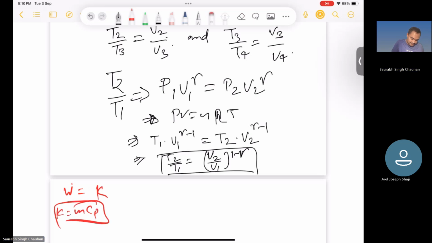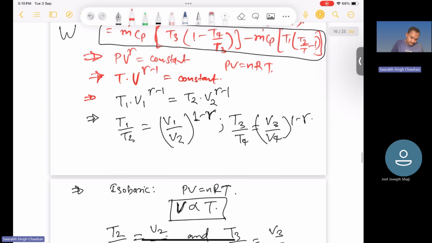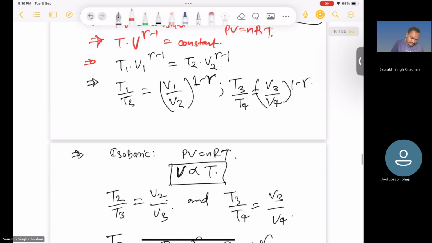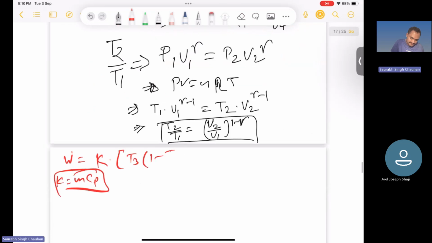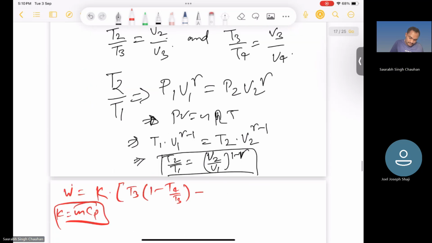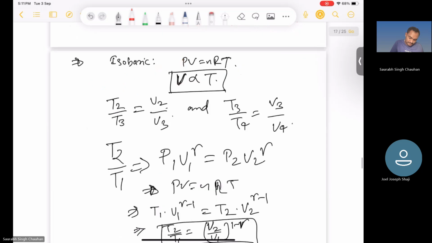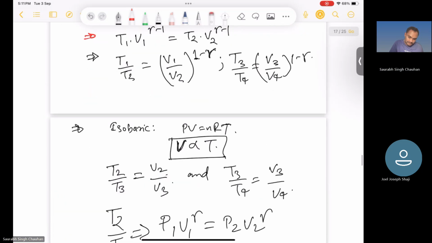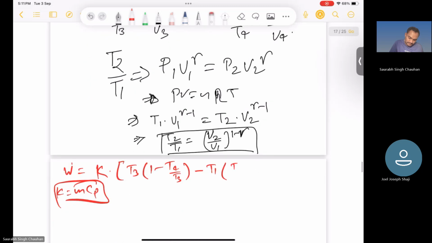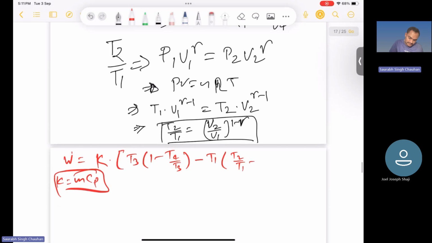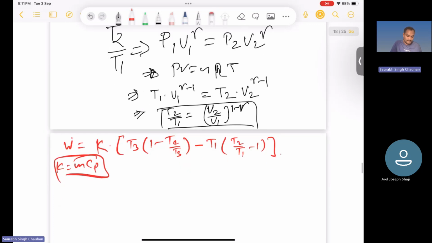This is constant. So K into T3 in bracket 1 minus T4 by T3 minus T1 times T2 by T1 minus 1. Okay, so this is W.